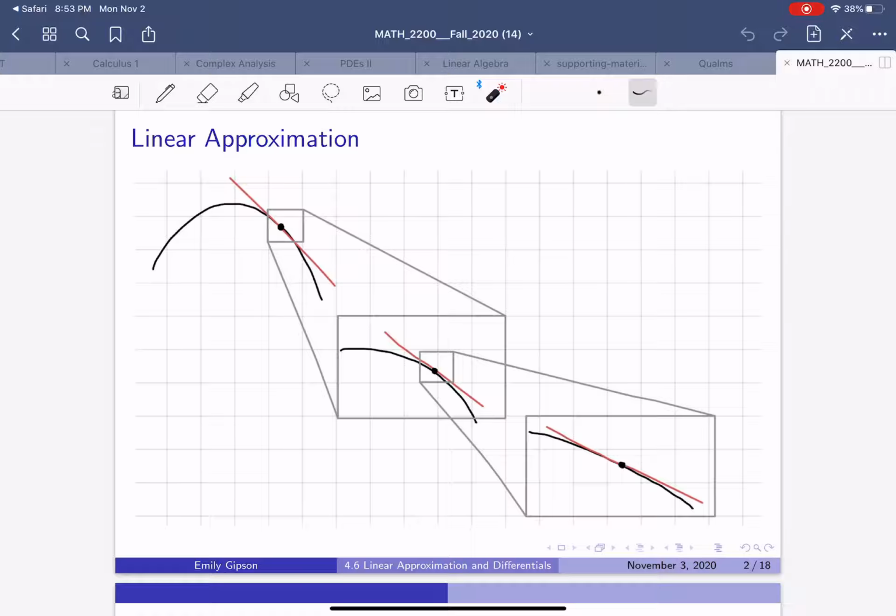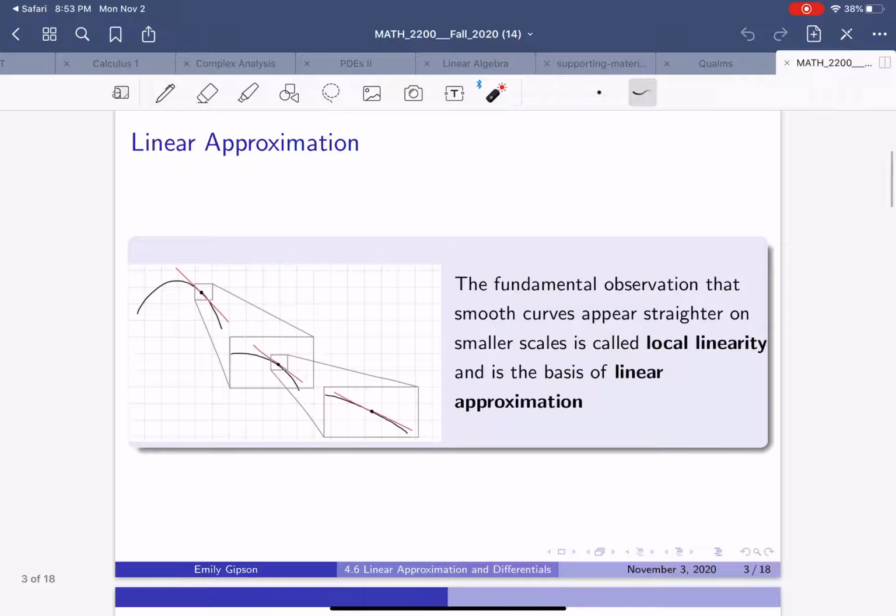As we successively enlarge the curve near P, it looks more and more like a straight line, namely the tangent line. The fundamental observation that smooth curves appear straighter on smaller scales is called local linearity, and it's the basis of linear approximation. So as long as we're close to a point P, we can approximate the points next to it with a straight line.